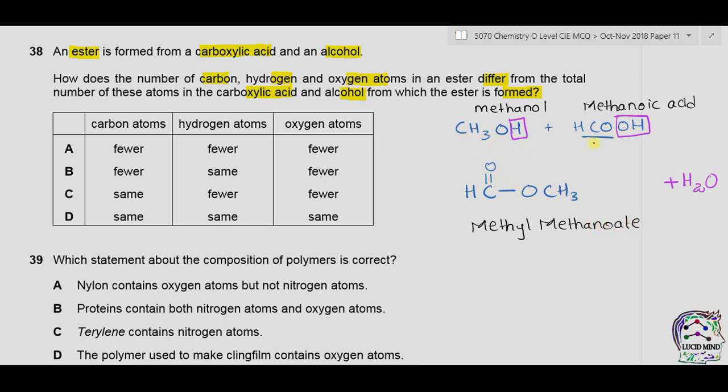Now we can see that the carbon atoms are the same in the reactants and the ester. Hydrogen atoms are reduced by 2 because H2O is being removed. Again, one oxygen atom has been removed. So carbon atoms are the same, hydrogen atoms are fewer, oxygen atoms are also fewer. C is the correct answer.